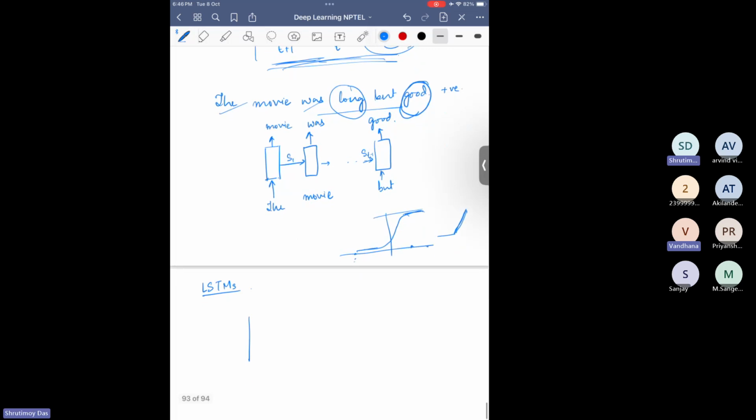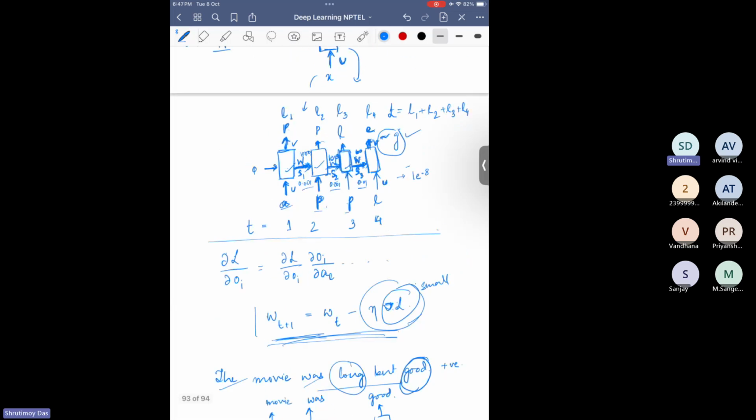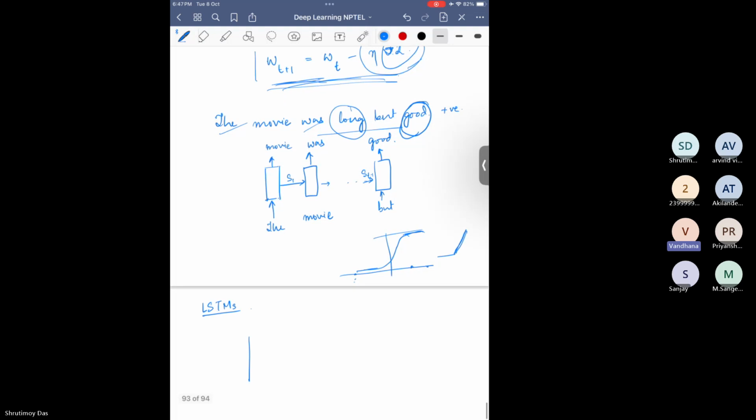It was not exploding, I believe. But here, if you write it down, you have a product term: gradient at time step 3 times gradient at time step 2 times gradient at time step 1. Because of sigmoid, the only issue was vanishing; it was never exploding. No, no.